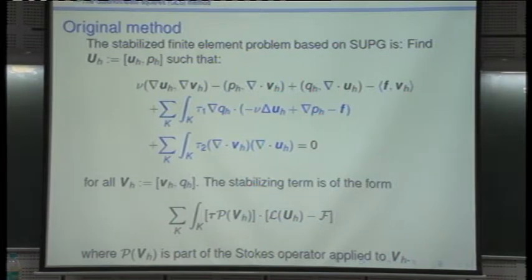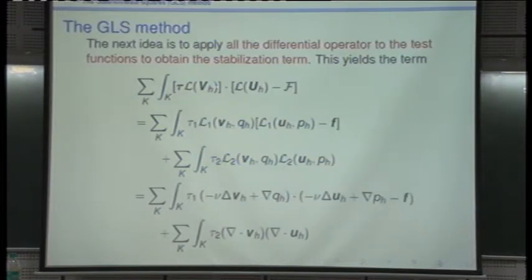That has the structure which is written here: residual multiplied by a certain perturbation of the test function, where P, in that case, is only part of the Stokes operator. So the idea of the GLS method is to, instead of only putting part of the Stokes operator, put everything applied to the test function.